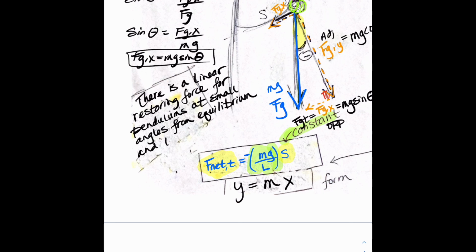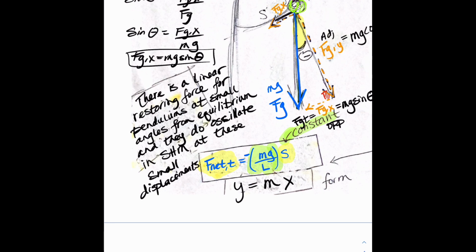And they do oscillate in simple harmonic motion at these small displacements. So once again, another linear restoring force, similar to force spring equals kx, or force spring equals negative kx, whatever you want to call it. And it's true for pendulums at small angles.